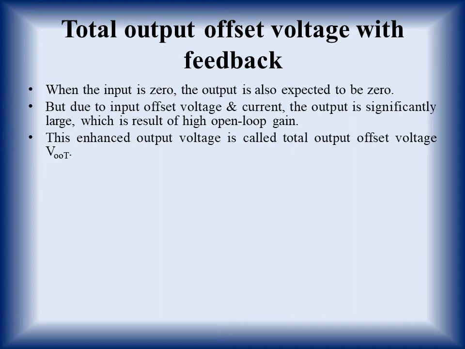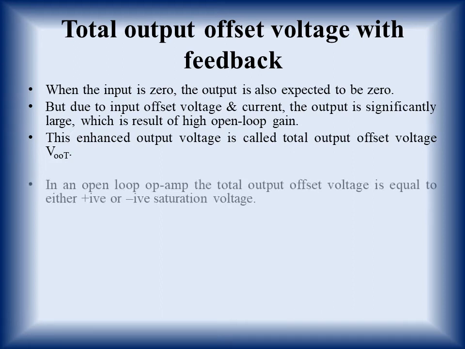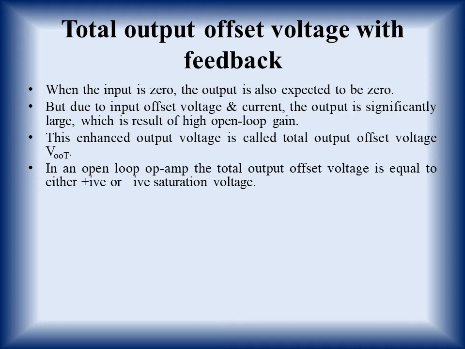So what is total output offset voltage? It is the offset voltage in the output that appears due to input offset voltage. It is not due to the input signal, it is due to input offset voltage or current. In an open loop op-amp, the total output offset voltage is equal to either the positive or negative saturation voltage, because the open loop gain of the operational amplifier is, in an ideal case, infinite.